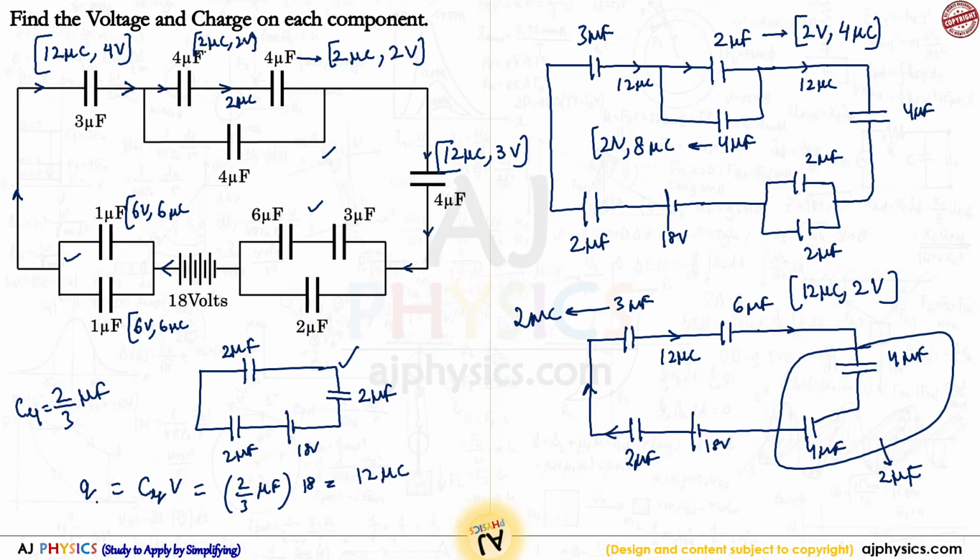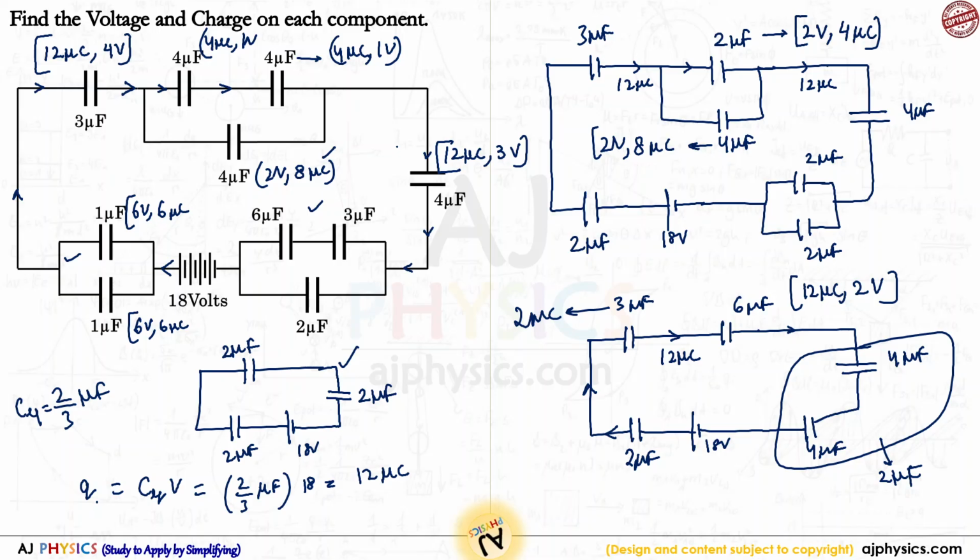So this portion is solved, and this was having 2 volts and 8 microcoulomb charge over here. Sorry, the charge was 4 here. That's a bit of mistake here. The charge was 4 microcoulombs on this, so the voltage will be 1 volt, and this also has 4 microcoulomb, the voltage will be 1 volt. Okay, so this portion is solved now.